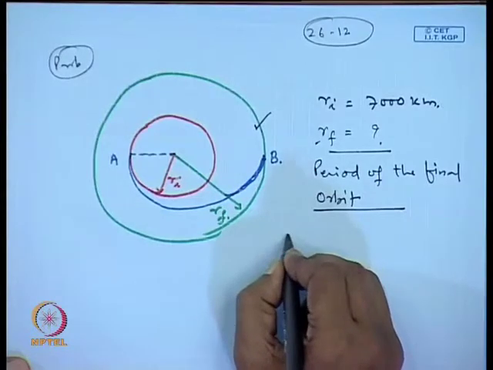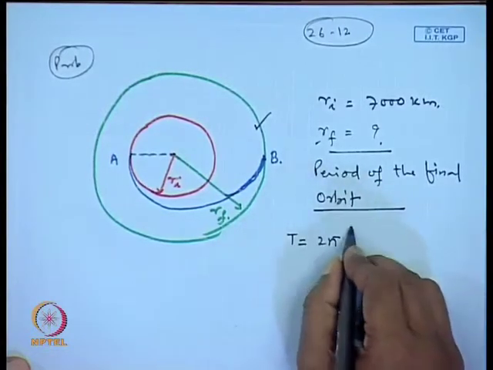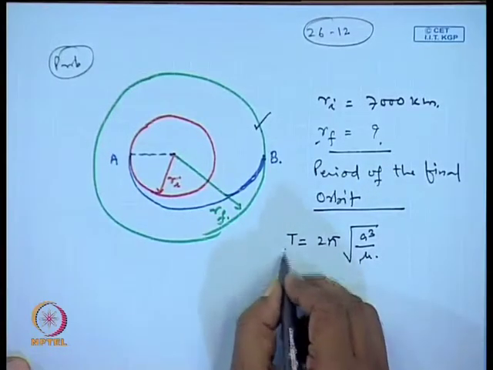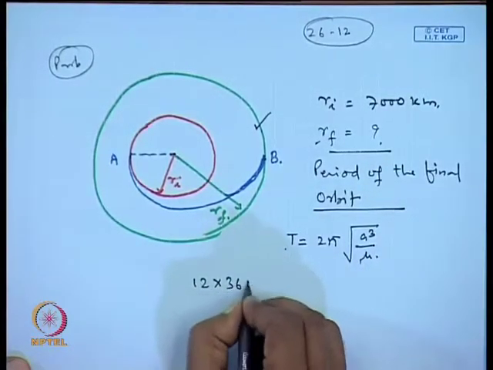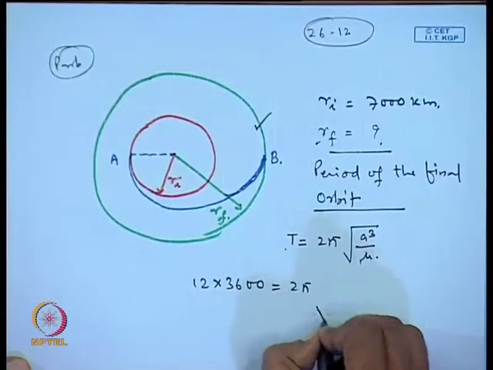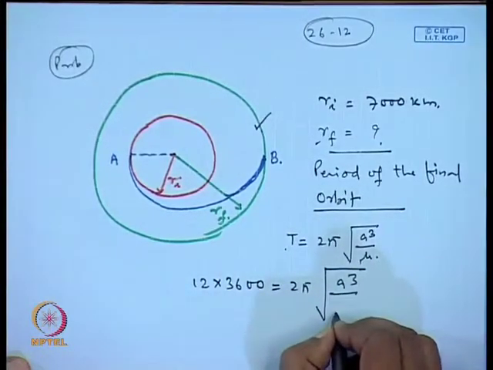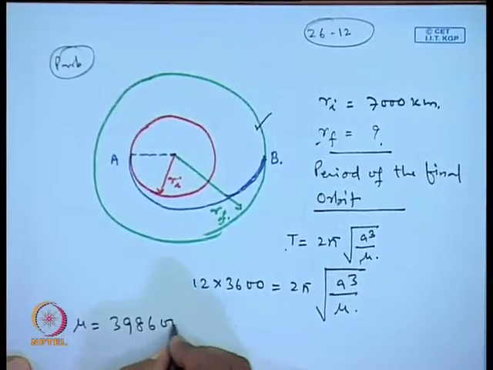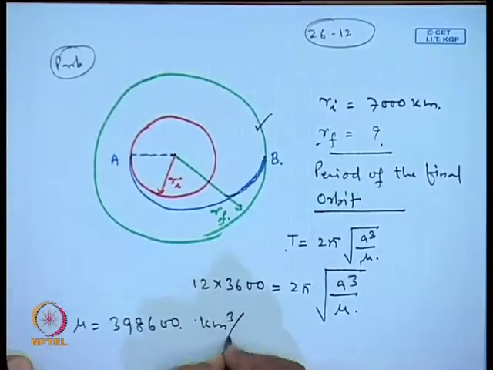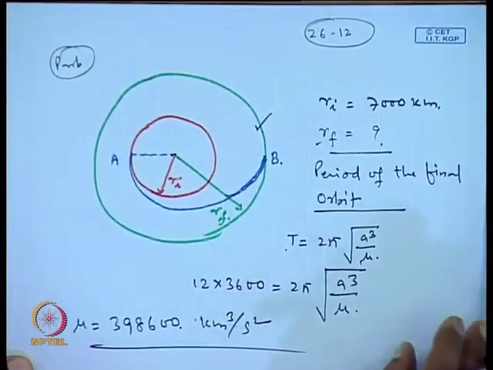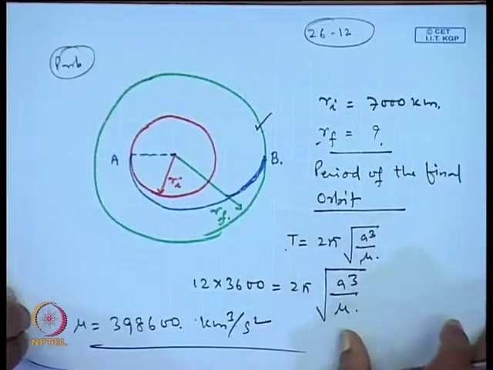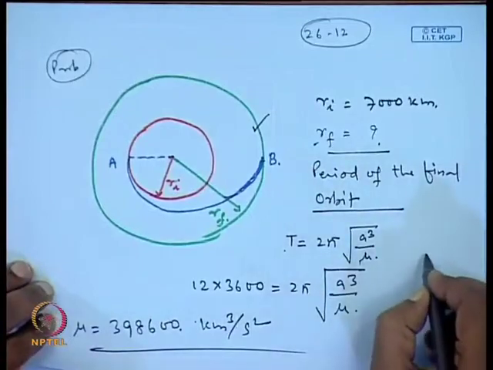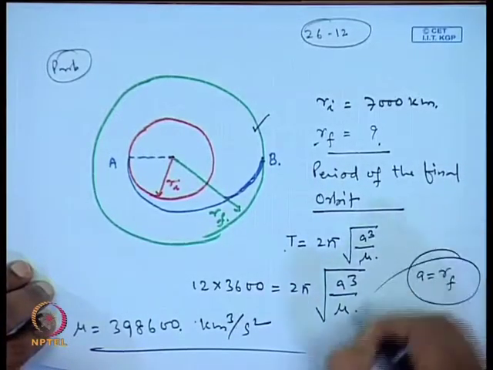Period will be given as T equal to 2 pi times root of a cube by mu, and this is 12 hours. So, 12 times 3600 equals 2 pi root of a cube by mu, and mu we know is 398600 kilometer cubed per second squared. Once we insert this value into this equation, it can be solved for a, and a will be equal to r f in this case.